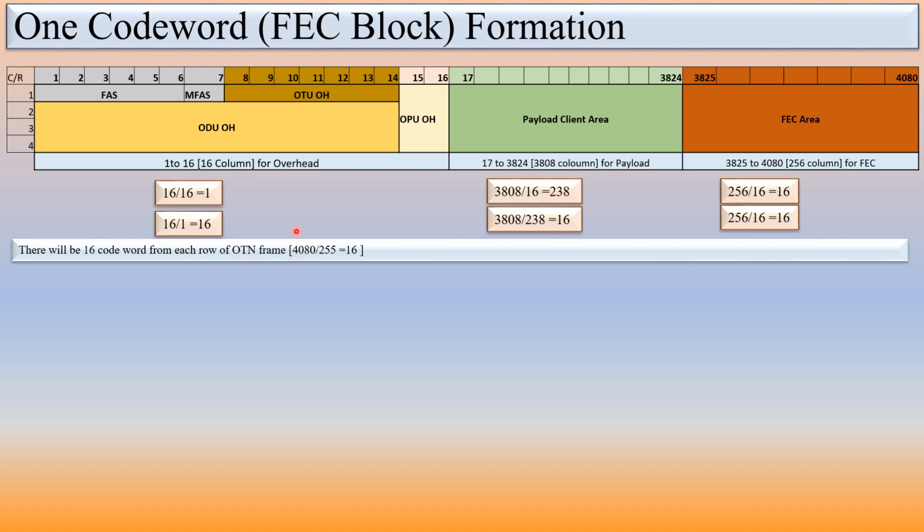We can get it by dividing 4080 by 16, which gives 255. It means each code word will have 255 bytes. In the same way, if we divide 4080 by 255, it gives 16. So from 4080 bytes we can create 16 code words, in which each code word has 255 bytes.